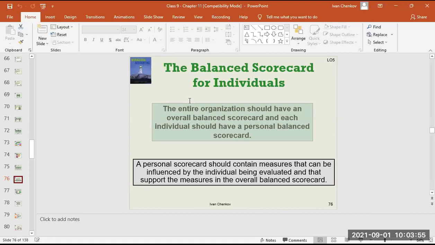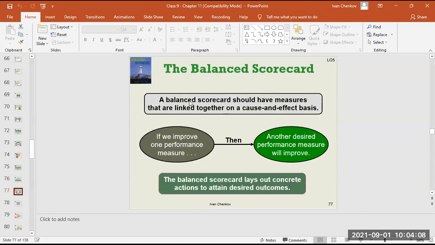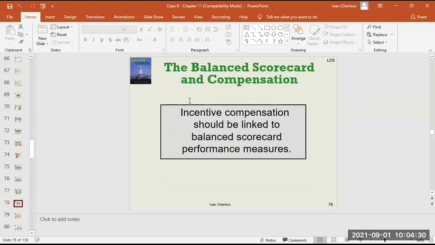The personal balanced scorecard should contain measures that can be influenced by the individual being evaluated and that support the measures in the overall balanced scorecard. So a balanced scorecard should have measures that are linked together on a cause and effect basis. If we improve one thing, what's going to happen next? And the balanced scorecard lays out concrete actions to attain the desired outcomes.